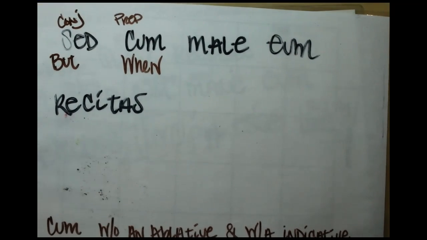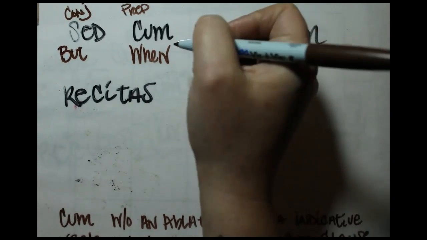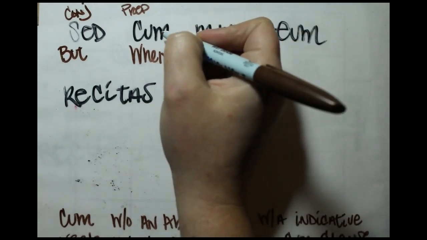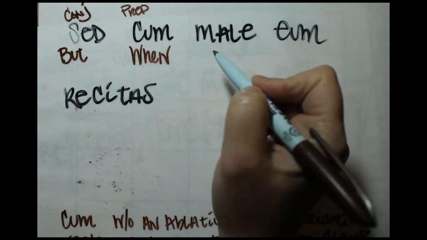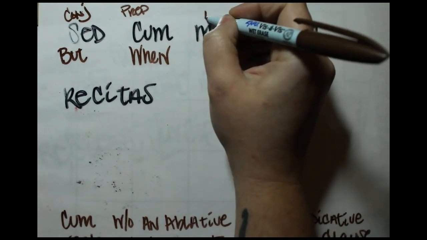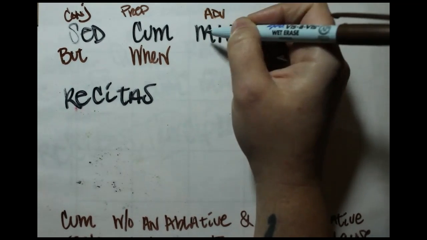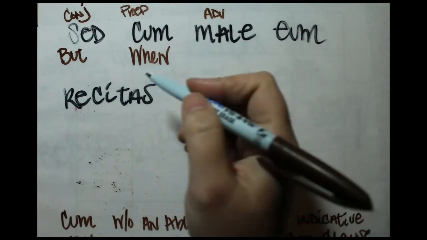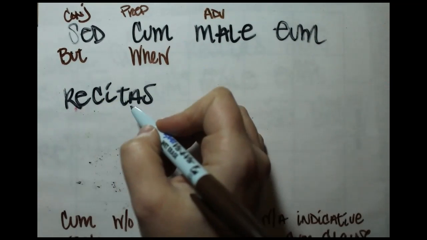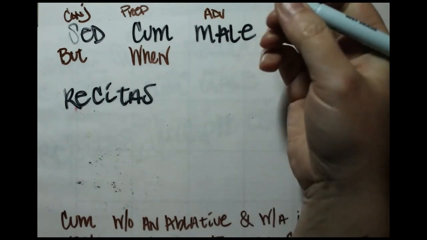Okay, so you'll see how it comes together a little bit more when we have translated it. So just understand that when you have cum, and you don't have an ablative. This right here could be an ablative form, but is an adverb. It's not an ablative form of malus, mala, malum. And you have a verb that is in the indicative mood. You have a temporal cum clause.